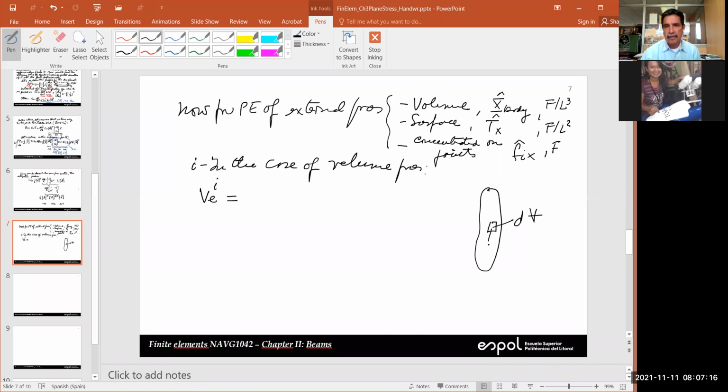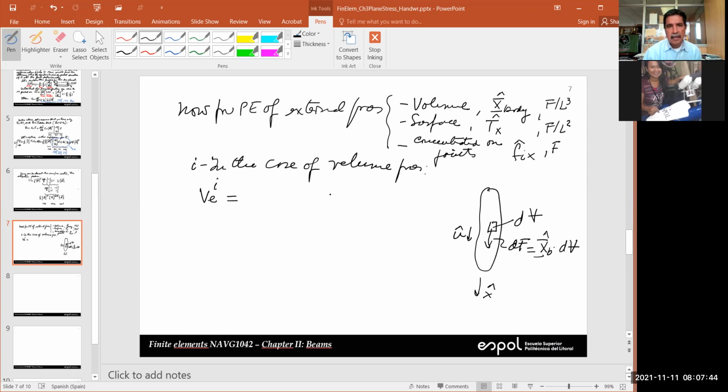So this force, for example, this is differential force, is going to be equal to this body force, which is force per unit volume times dV. So that's force, and this element will move in this direction. This is the local direction that we call it, for example, U is in the local direction.